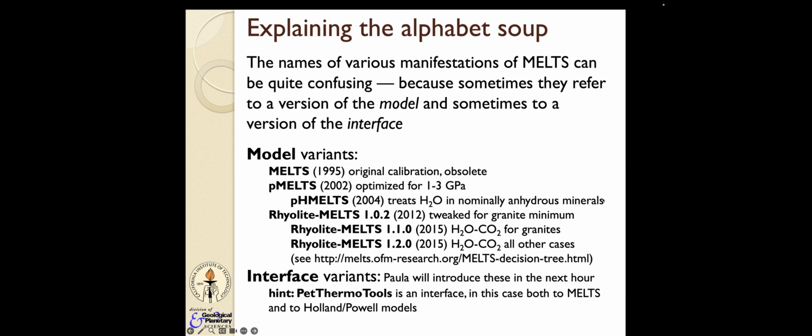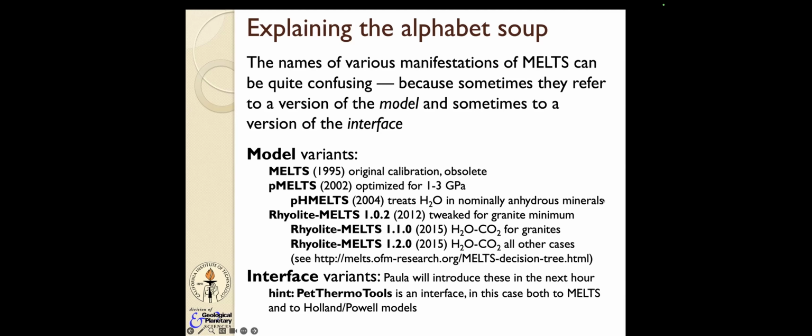So there was the original MELTS. It was released in 1995. It is now obsolete. We do not use it. None of the interfaces that are out there support it anymore, for a very good reason that I will explain. There is pMELTS, which came out in 2002 and was a recalibration of the liquid model that was optimized for high pressure, for 1 to 3 GPa.